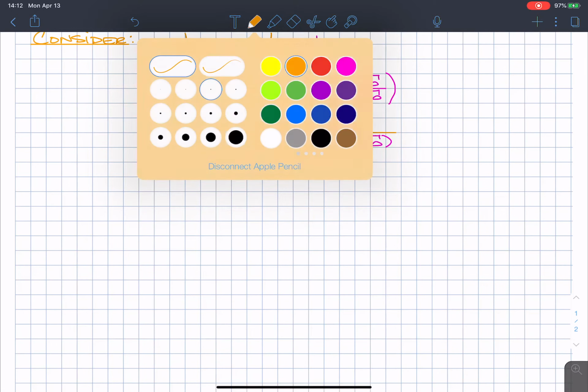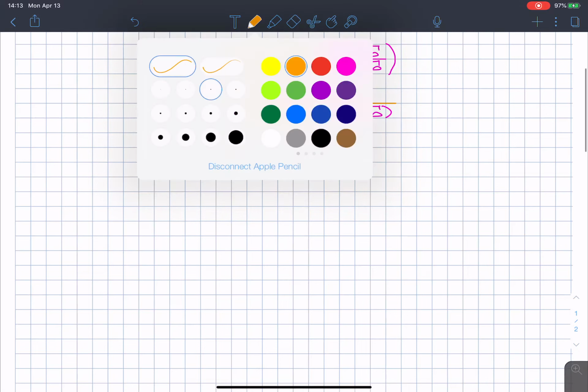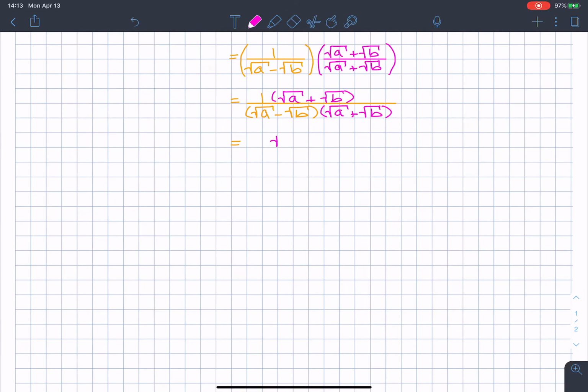Okay, so what does that give us? Well, in the numerator, we just get 1 times anything as itself. So the numerator is just the square root of a plus the square root of b. But the denominator, let's FOIL. So we take firsts, the two first terms. So that would be the square root of a times the square root of a, which is the square root of a quantity squared.